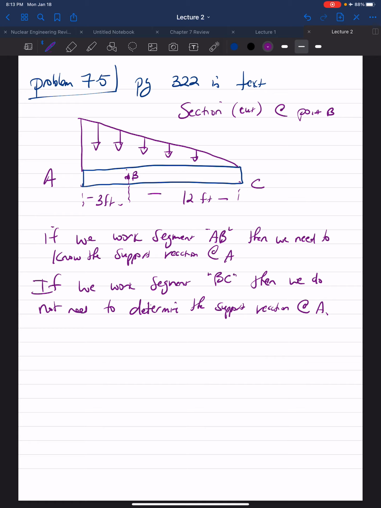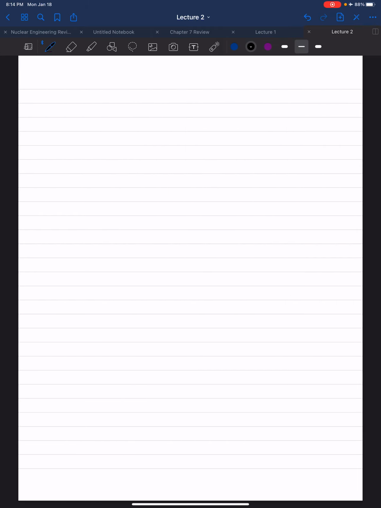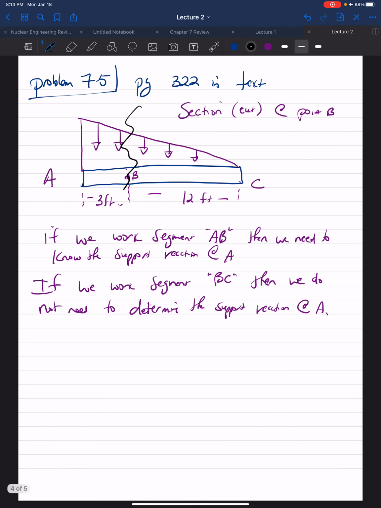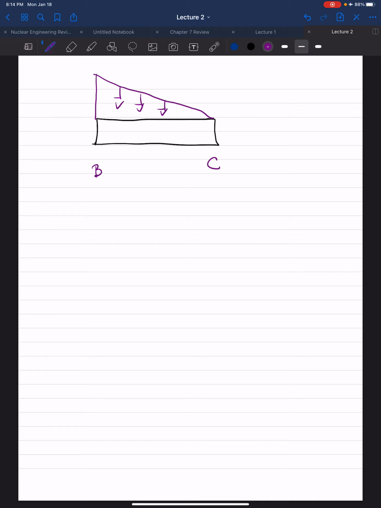So if we redraw our free body diagram after the cut for BC, let's go back. So we're making our cut right here. This is BC.